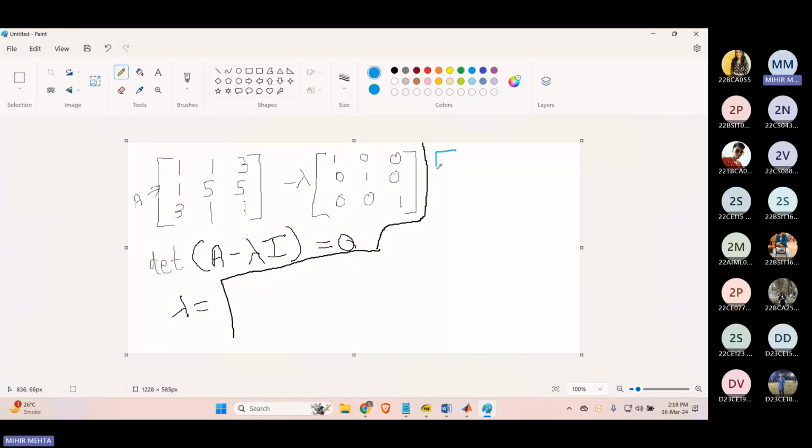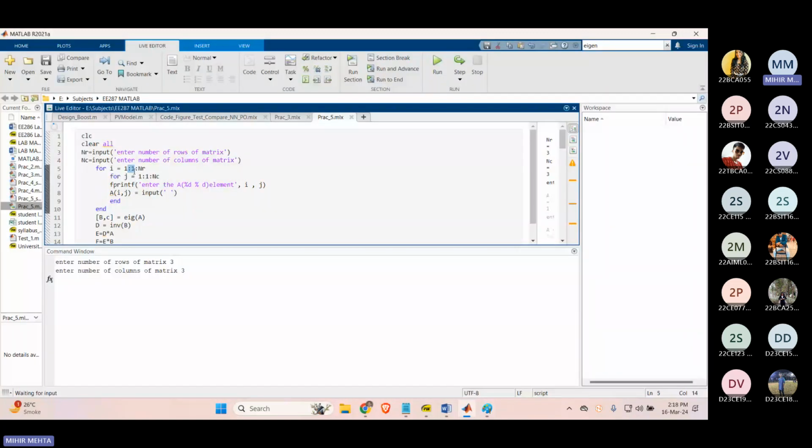okay, so now I am forming a matrix. I have already been asked what is my number of rows, what is my number of columns. Now I am starting row wise. So in the first row, this is the first row where I am entering values. That is in the first row, I have again another loop here.